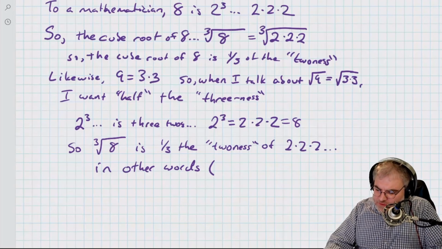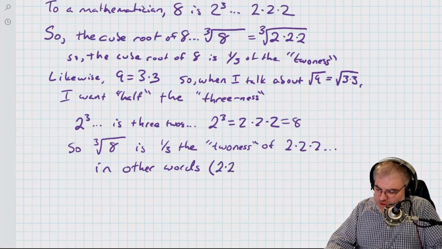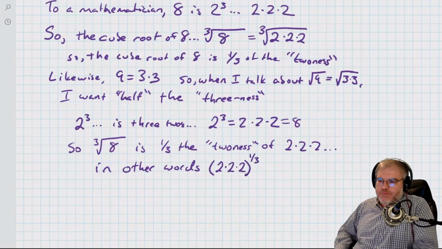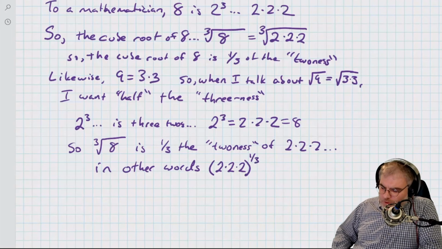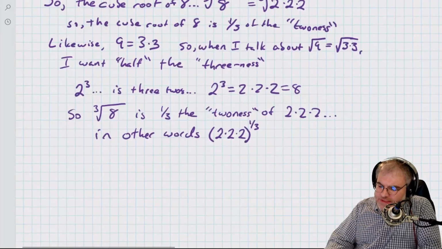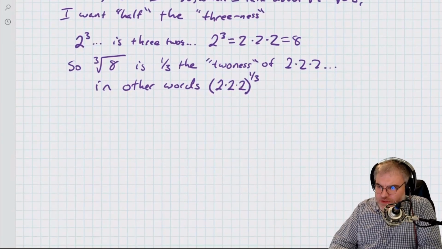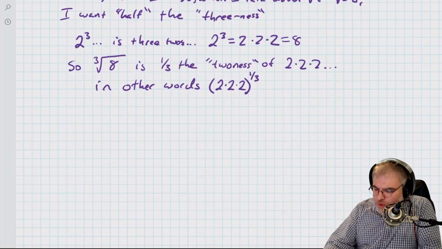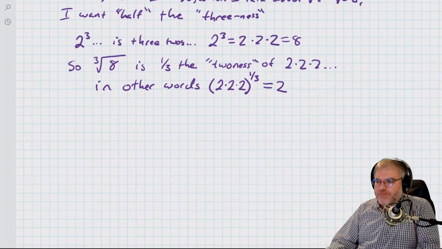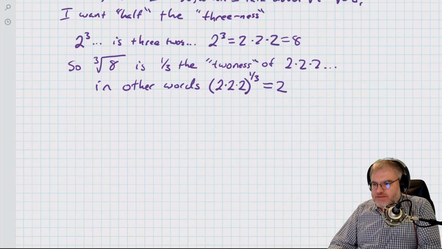Now what I'm going to do is take 2 times 2 times 2, and take 1/3 of the 2's. Okay? So instead of 2 times 2 times 2, I'm going to take 1/3 of the 2-ness. And that is 8.